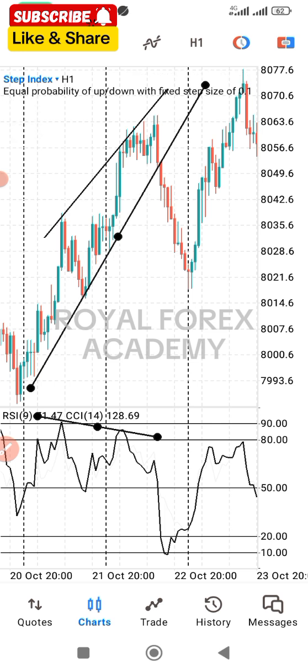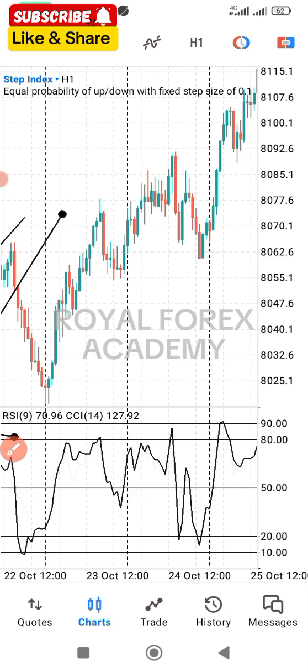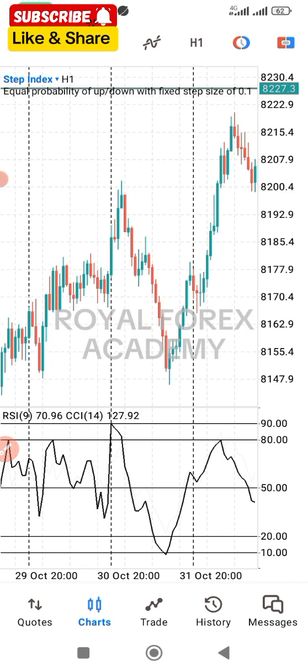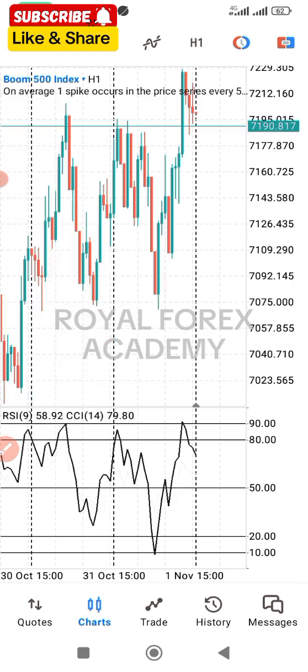Okay, if we go to our lower time frame, we will see where they break and retest before falling down. So this is how you can find your entry trading this great, simple and straightforward strategy, the divergence.